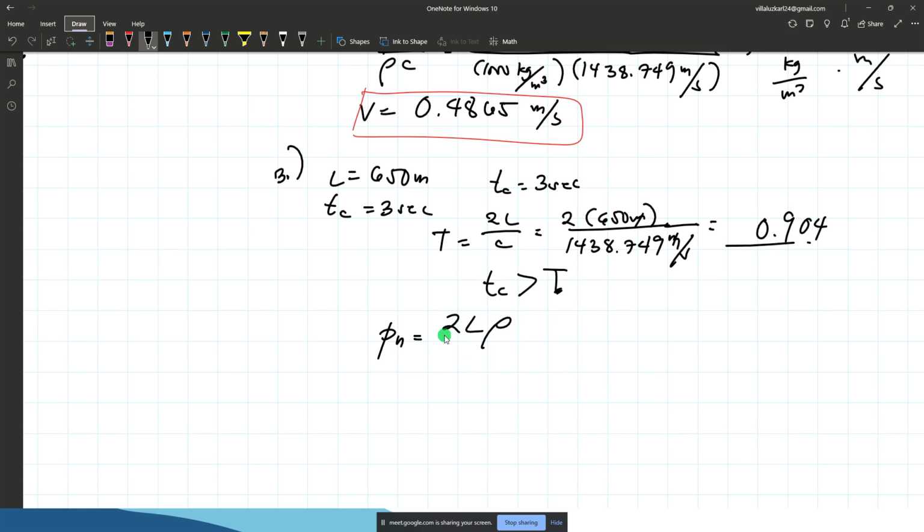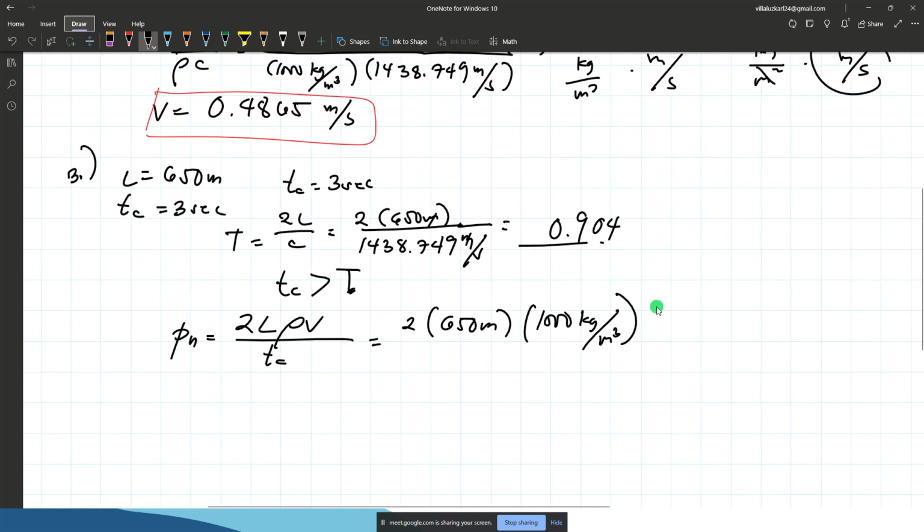rho V over time of closure. So 2 times the length, 650 meters, rho 1000 kilograms per cubic meter.